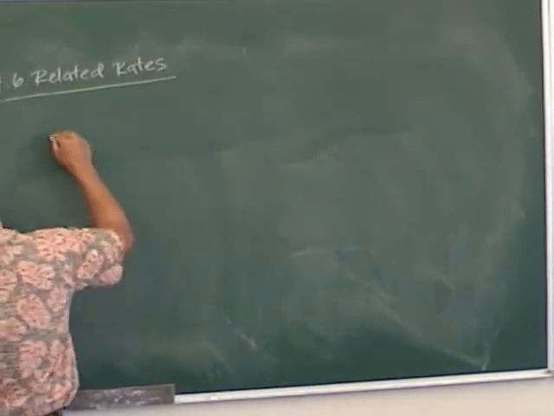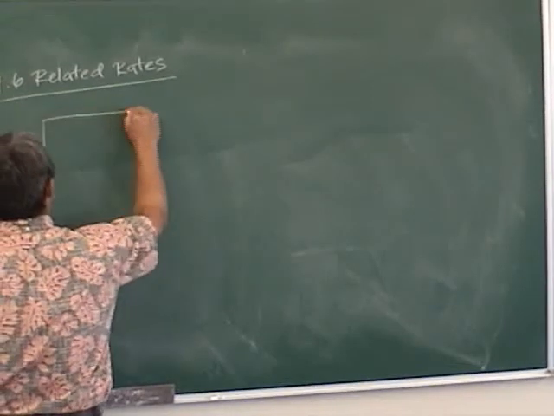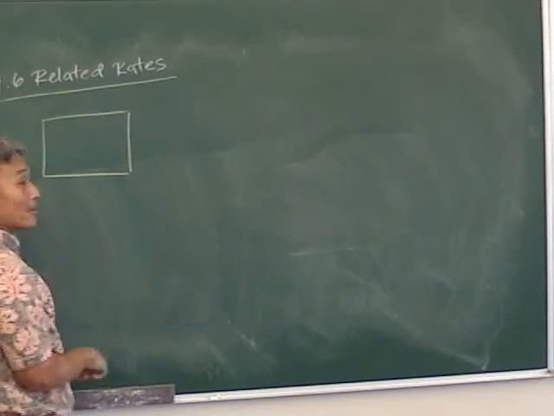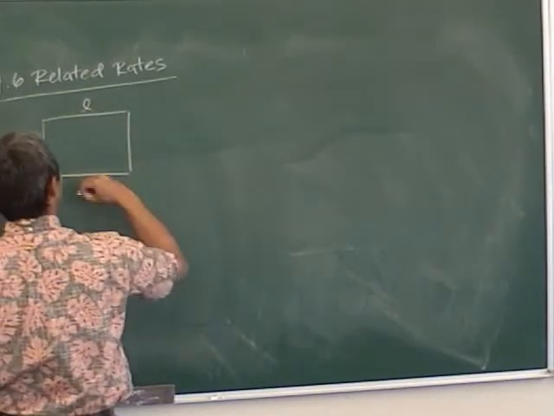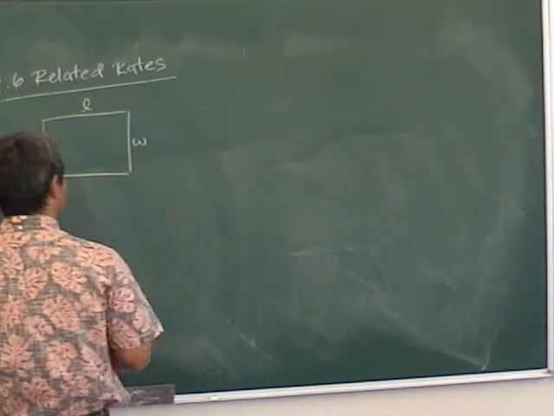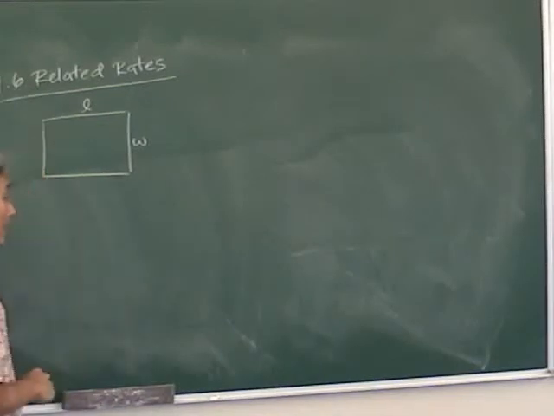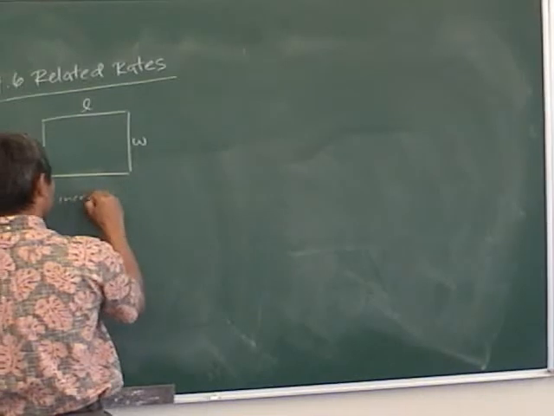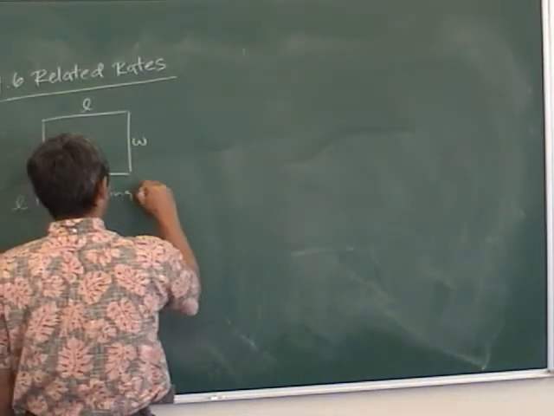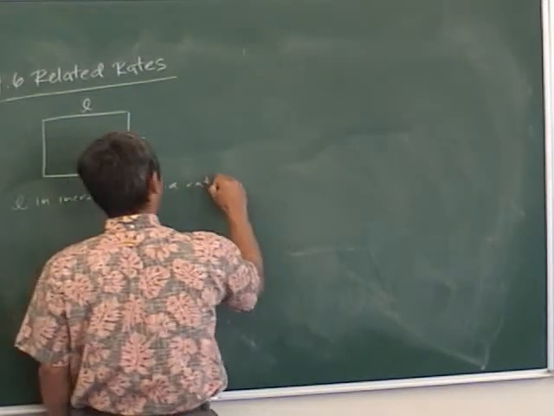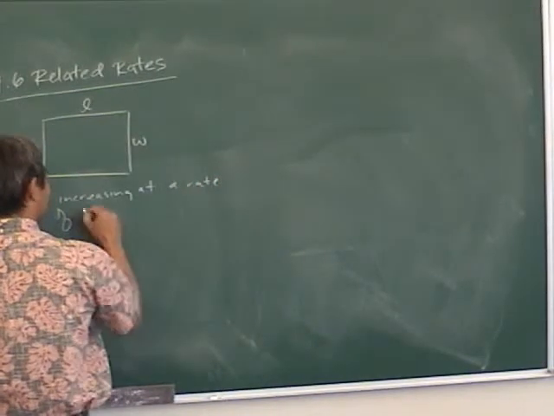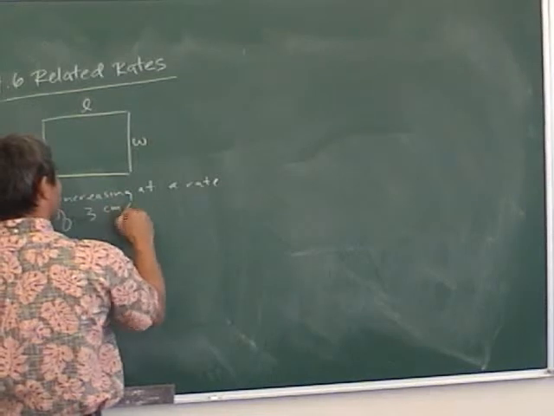Okay, so let's say we have a rectangle. The length is changing and the width is changing. So let's call this L and this is W. The length is increasing at a rate of, I don't know, 3 centimeters per second.